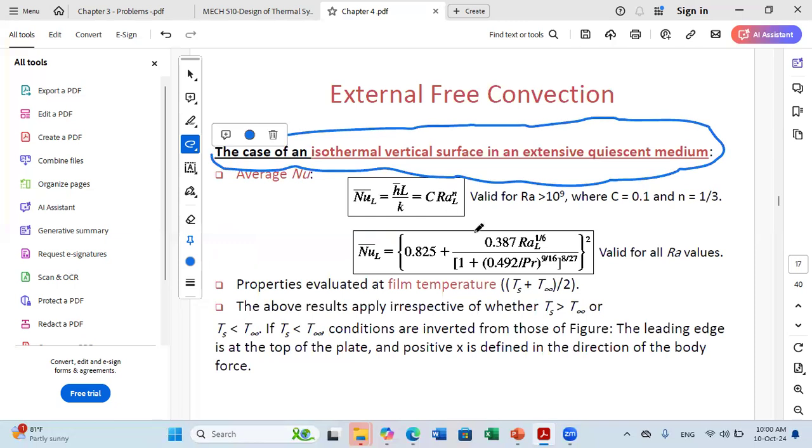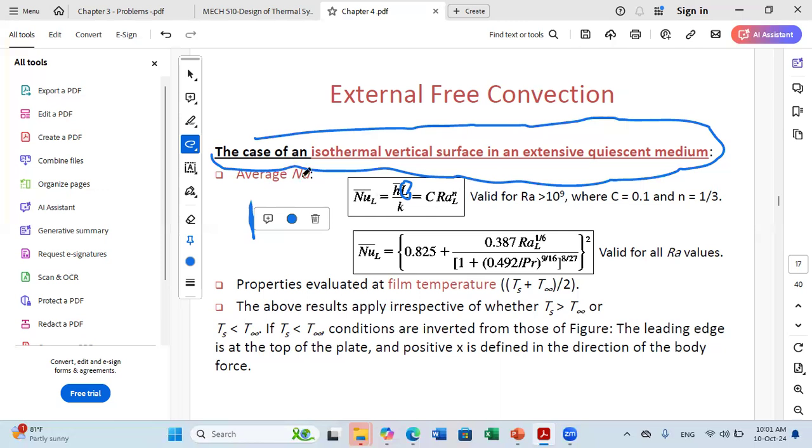The characteristic length is the height of the vertical surface. So here, the two surfaces have the same height, same geometry, and we don't have two different cases. We don't have top and bottom, so the formula will be the same for both.